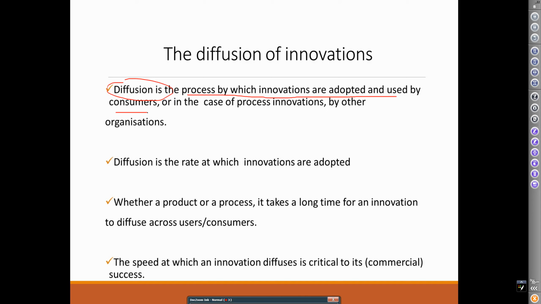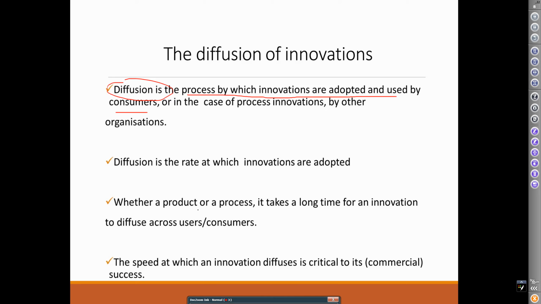This is about adaptation. The innovation should be adapted not only by customers but also by other innovators. Why not? If we try to create some kind of cooperation between different laboratories, research agencies, research companies, and so on. So diffusion is also the rate at which innovations are adopted.